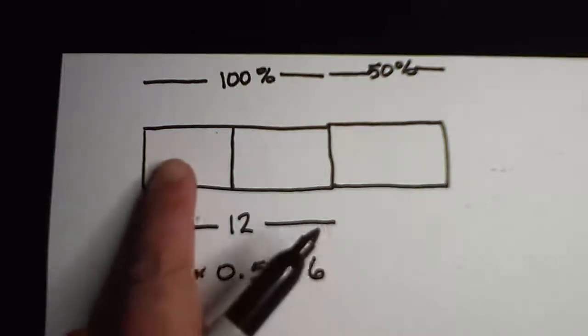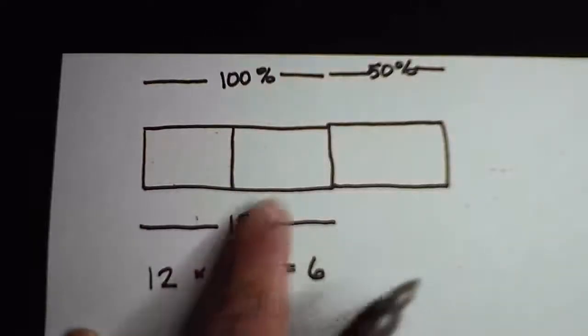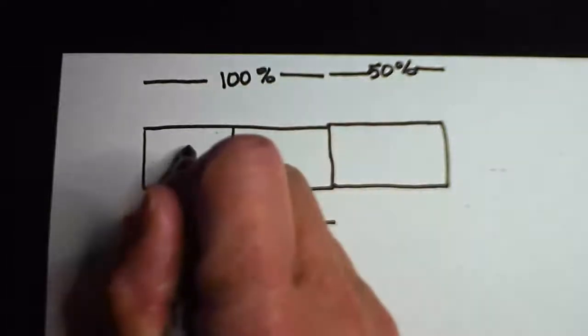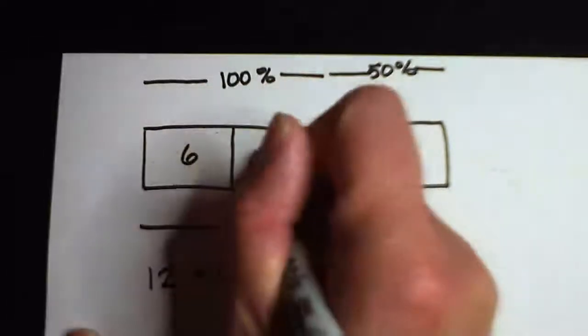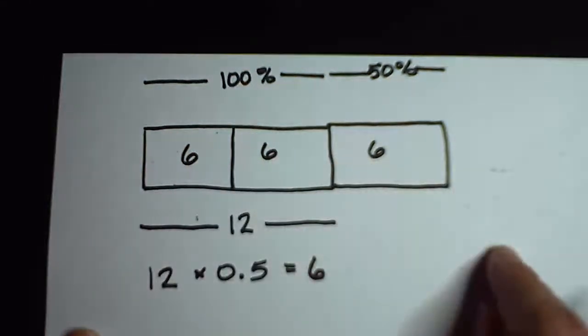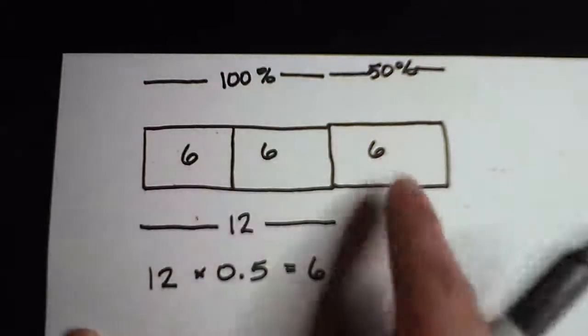And so if this is 6 and this is 6, that makes our 12. And then if I'm adding another 50% on, that's 6 as well. So that would be 6, 6, and 6, and that gives you a total of 18 gallons. So if you're adding on 6 gallons, that's a total of 18 gallons.